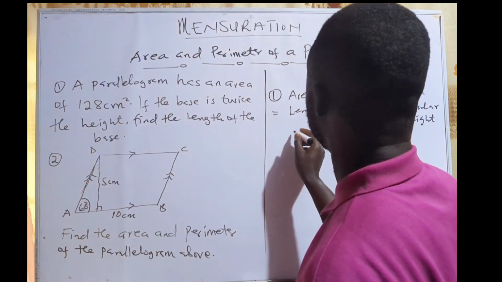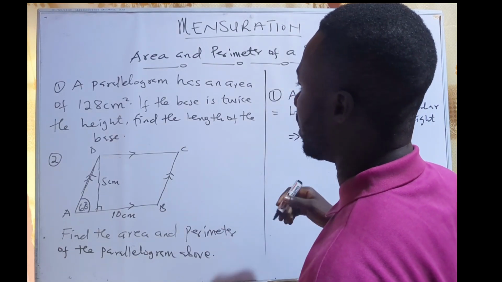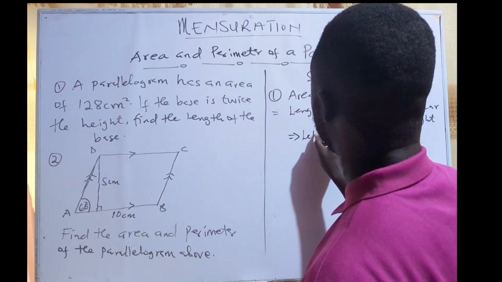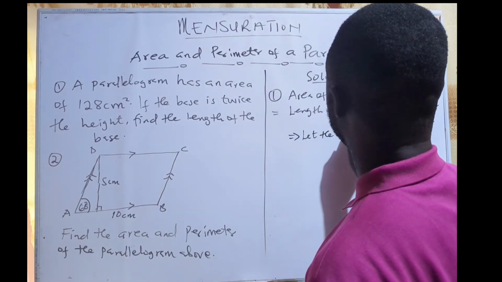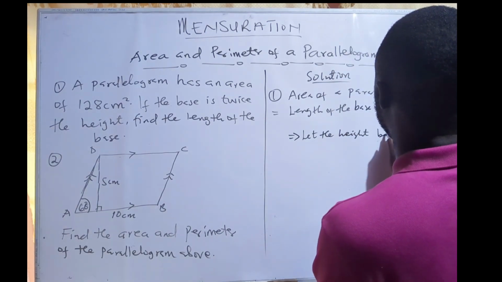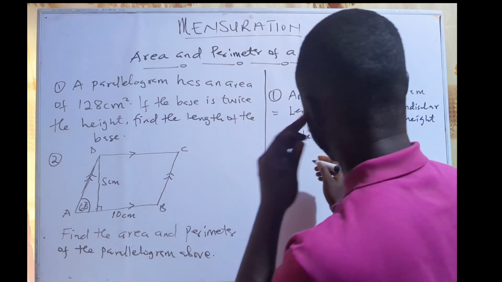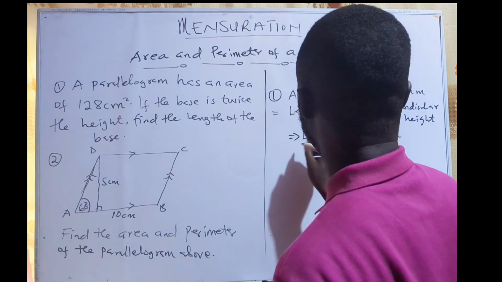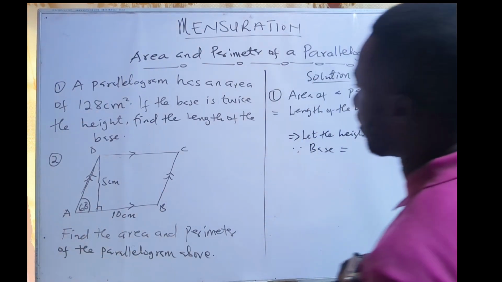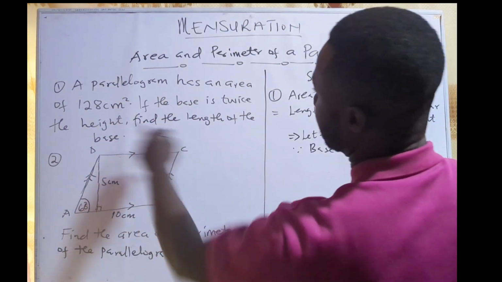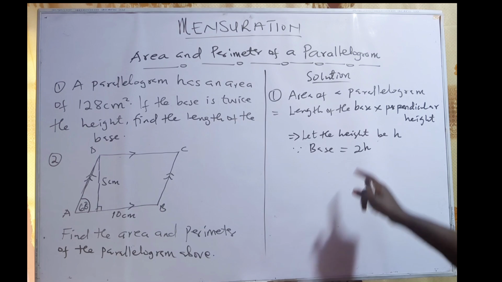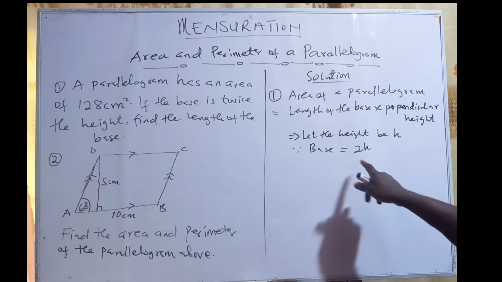So it implies that, let the height be h. If the height is h, therefore what will be our base? The base is twice the height, so the base will be equal to 2h.